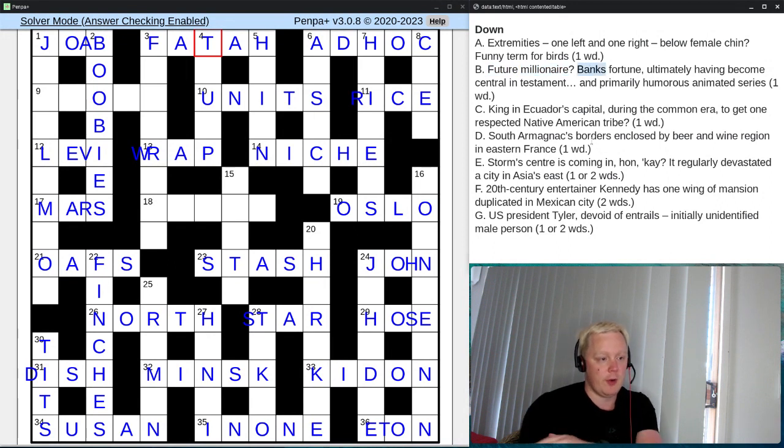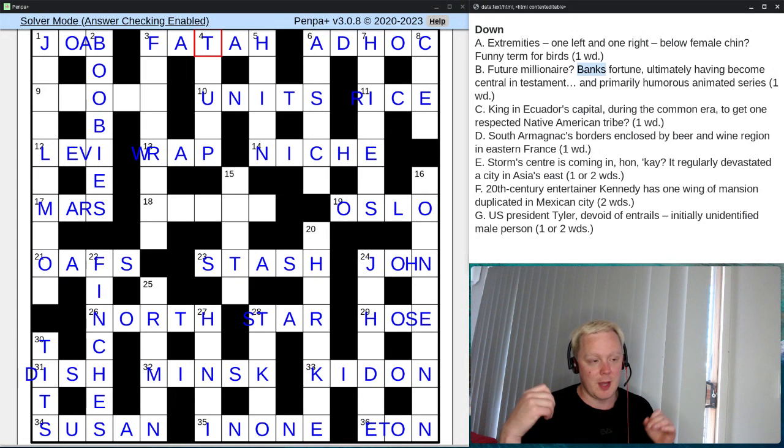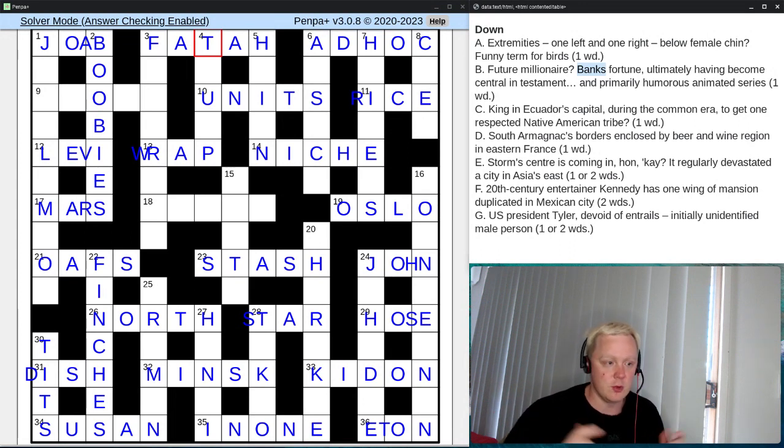Now the banks of a river are its sides. So in the cryptic world, as opposed to the normal world, the banks of a word can mean the two sides of a word. So millionaire banks can mean M and E. So this would spell out future me. And then fortune ultimately, this last letter of the word fortune, E, having become the central letter.